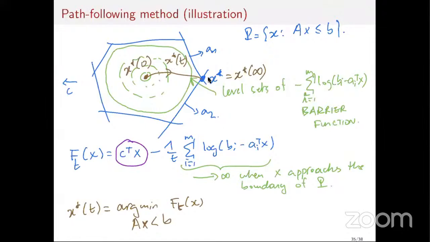The way we're going to do this is exactly by using Newton's method. So we are going to use x star of t1 as an initial point to compute the minimum of f at a slightly larger value of t. Okay, so let me try to add one page here.